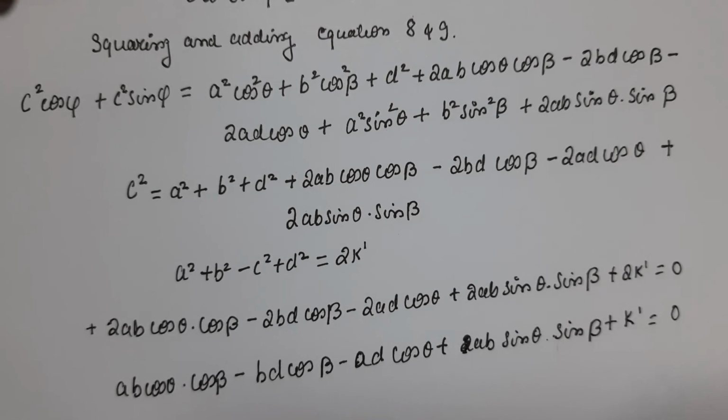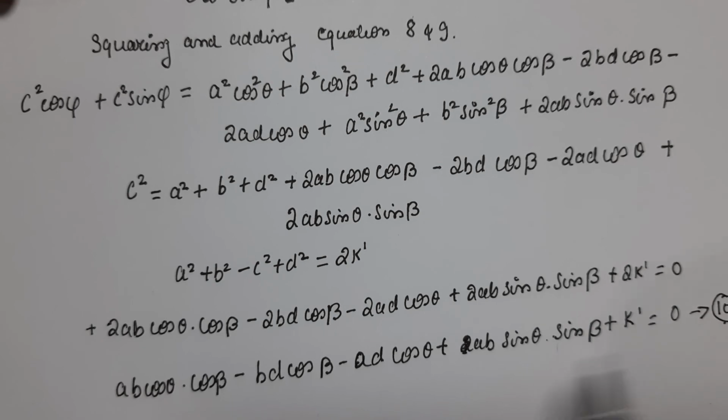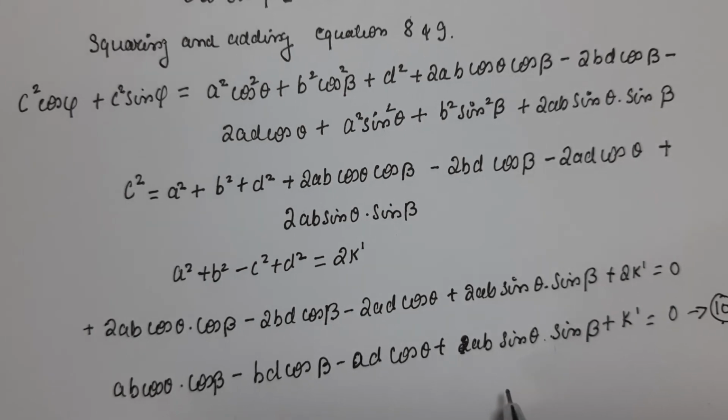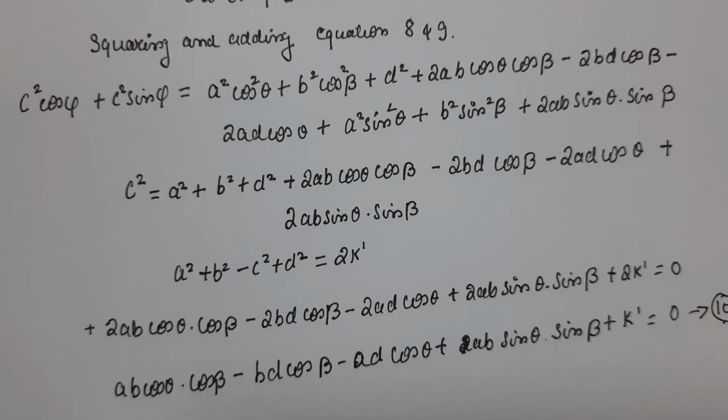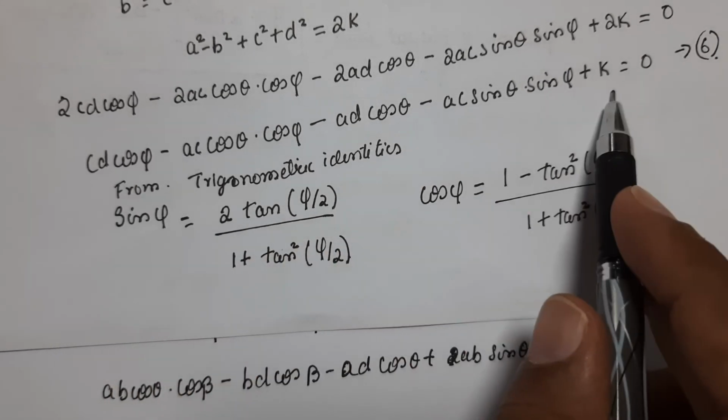The 2 gets cancelled. Okay, so we'll take this as equation 10 here. This particular equation is basically identical to equation number 6, as you can see here.